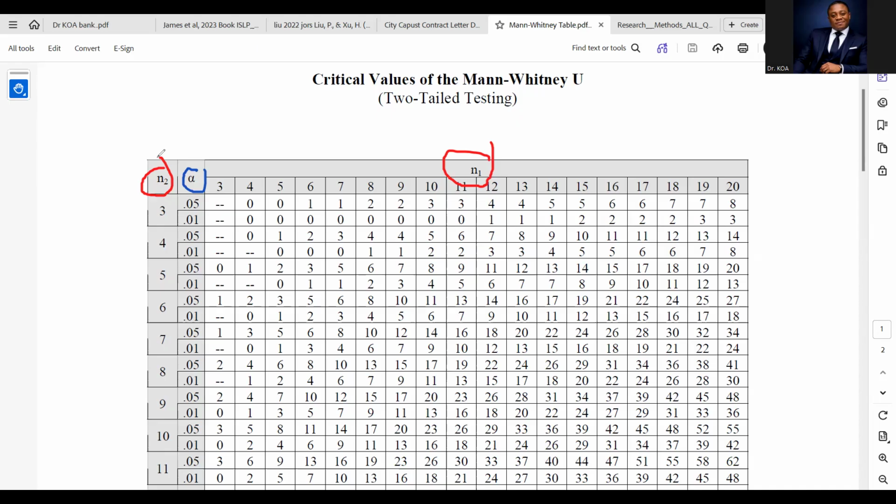Then your value for the N2 is what number? 5. You're going to look for that number on the far left. They will meet at a junction. That junction will have a 1% and a 5% alpha. Choose the 5% alpha and type your answer privately to me.